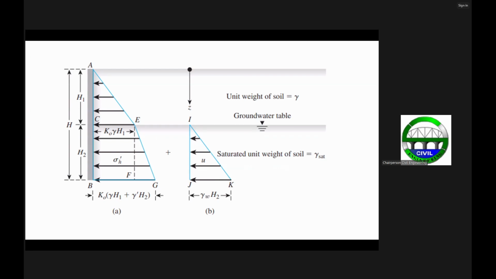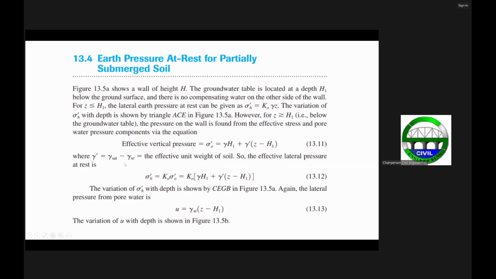So if we sum up these pressure diagrams, we just get the areas of each pressure diagram. The first one will be one half of K sub O gamma H sub 1 multiplied by H sub 1, this height here, which gives you one half K sub O gamma H sub 1 squared, the area ACE.